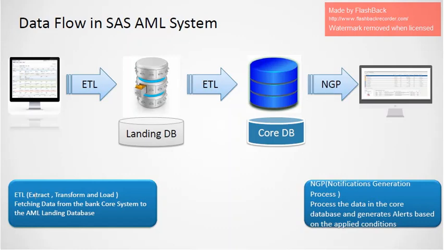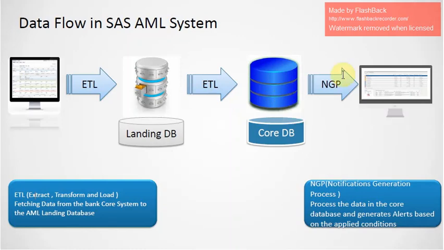Now we have the data in another database called the core database, which is the AML core database actually, or the database being used by the NGP, and NGP is notification generation process. Okay, the process applies some rules on the data stored here.